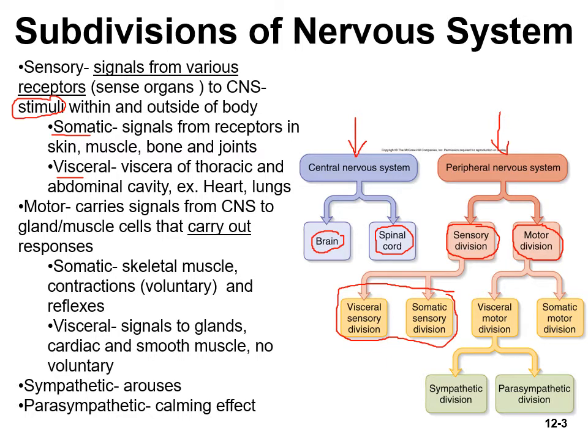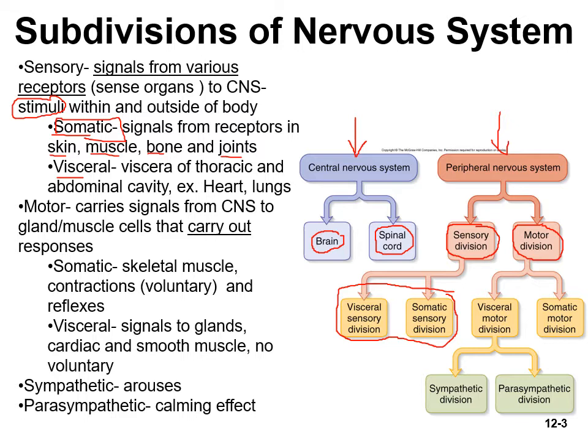Now, somatic basically is going to entail that we have receptors that are monitoring the skin, muscle, bone, and joints. So if there's anything wrong with the skin, maybe you cut yourself, if a muscle has been torn, if a bone has been fractured, if joints are being popped out of place, these are going to be registered and are going to be detected by the somatic sensory division.